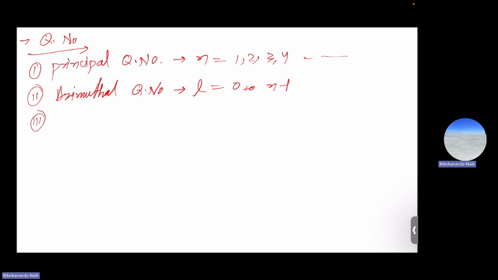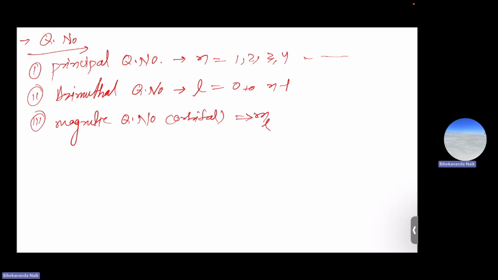Then the third is in the presence of a magnetic field. When an atom is present in a magnetic field, its angular momentum gets oriented. Depending upon the direction of the magnetic field, the angular momentum orientation led to another new quantum number, called the orbital magnetic quantum number and the spin magnetic quantum number. The magnetic quantum number related to the orbital is ml.